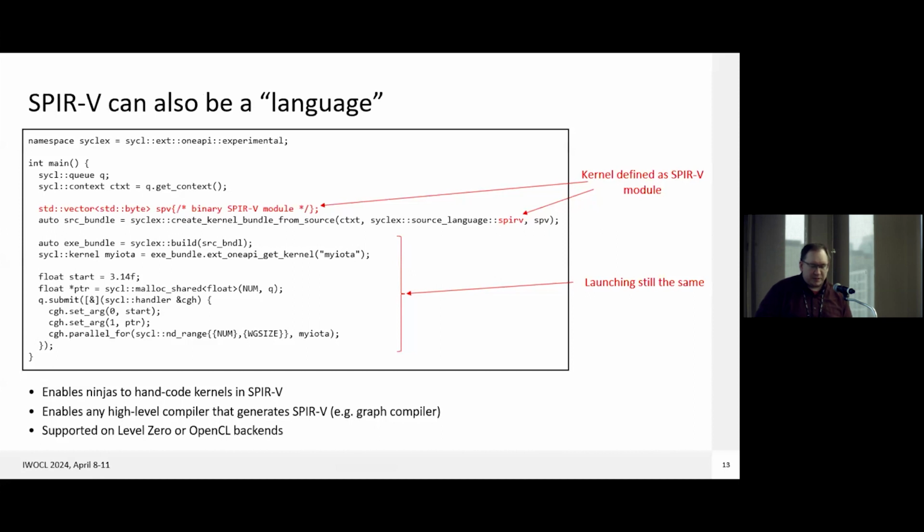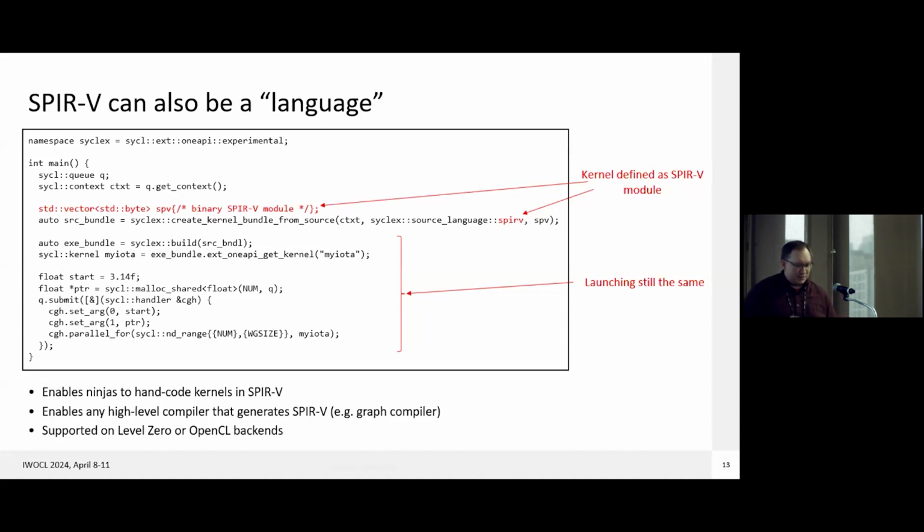Which brings me to my next point. There's no reason that SPIR-V couldn't be a language. We've run into many cases where people have some DSL that they're using to generate their own kernels directly as SPIR-V blobs. And one of the problems we had with the kernel bundle interface was, if I have some SPIR-V, how do I get a SYCL kernel out of that? We finally closed that gap with these new APIs.